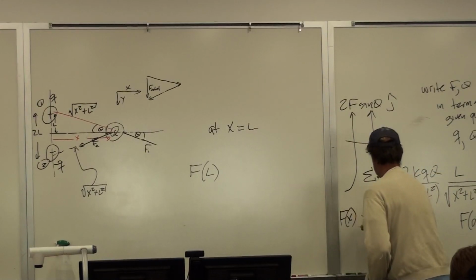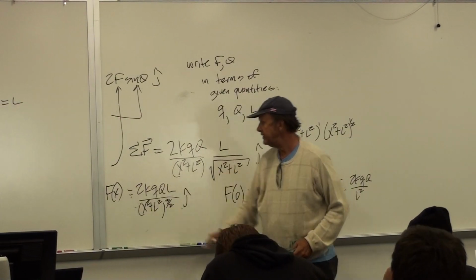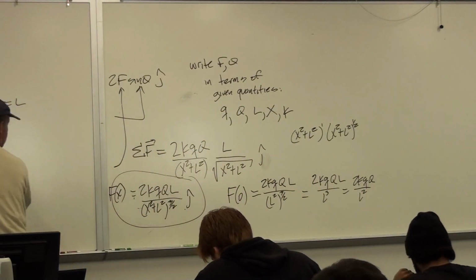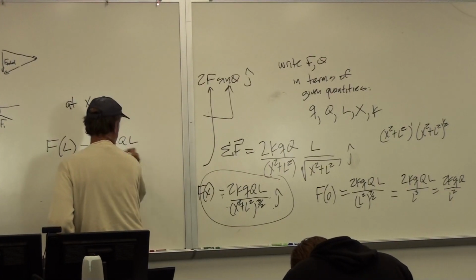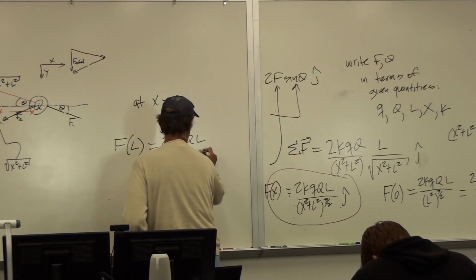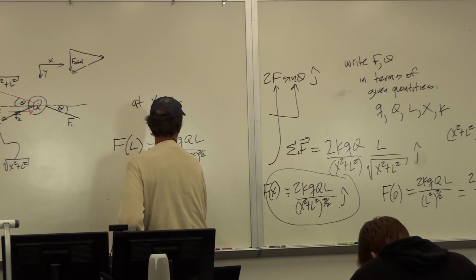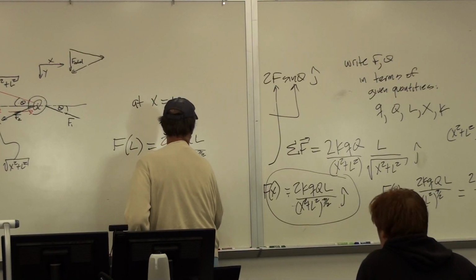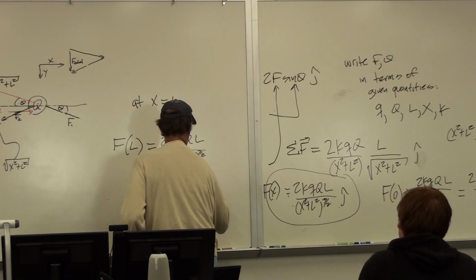This is the way I'm writing it, the force as a function of x, but now I'm evaluating at x equals L. So that's going to be 2k little q big Q L divided by L squared plus L squared to the 3/2 power. So that's going to be 2k little q big Q L divided by 2L squared to the 3/2 power.